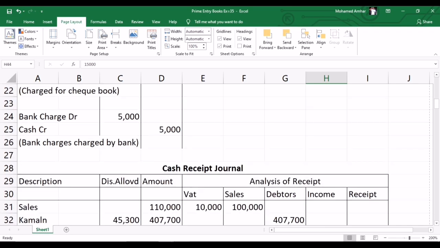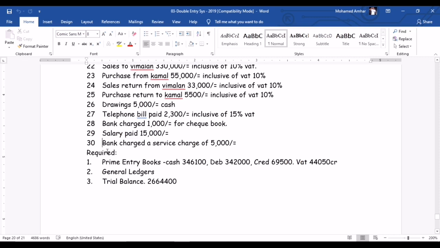Right. Now up to 30th, we record all the given transactions only in the prime entry book. Still we did not transfer to ledgers. Usually the normal procedure is that we don't transfer to ledgers as and when we receive the transaction.